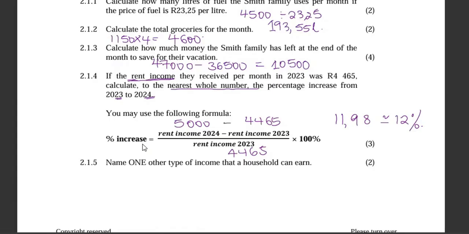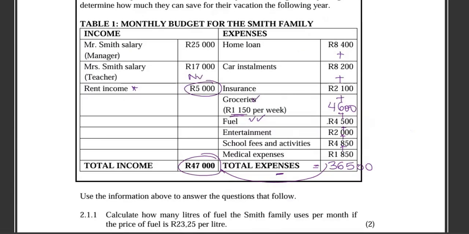Okay, name one other type of income that a household can earn. Now let's look at this diagram nicely. When we look at their income here, all this income, when you look at types of income, remember them very well. These are all fixed. Rent comes every month, it's fixed. Salary, it's fixed.